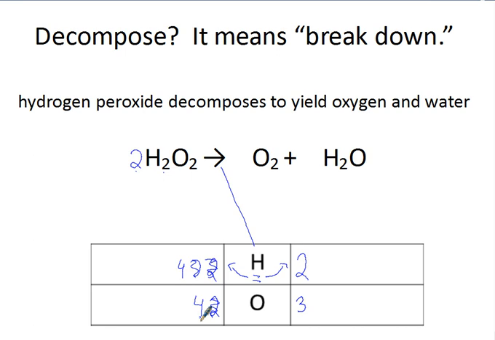Well, now it looks like I've got it off balance, but let's see. If I add a 2 out here to balance my hydrogens, I'll make my hydrogens into 4. And look at that. 1, 2, 3, 4 oxygens, because this is a 2 times that 1. And I go from 3 to 4, and I can say I'm happily balanced with this equation.